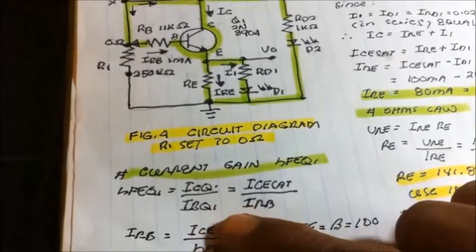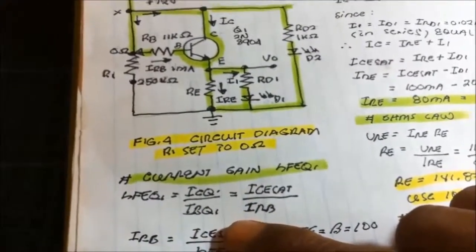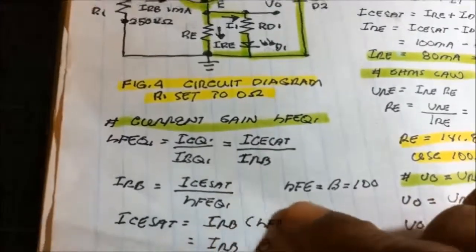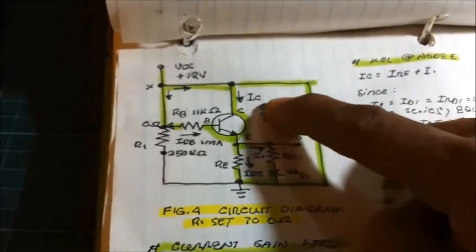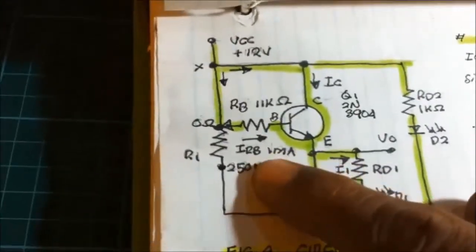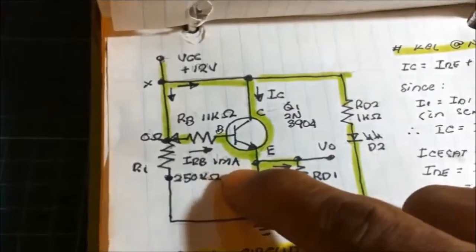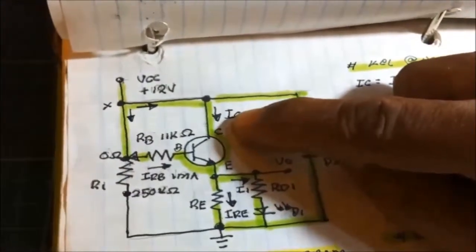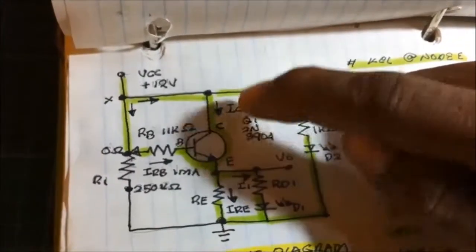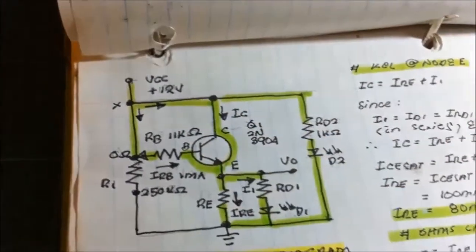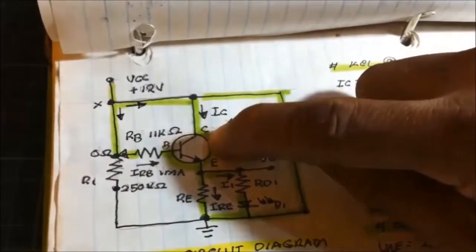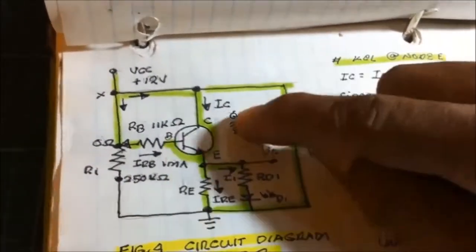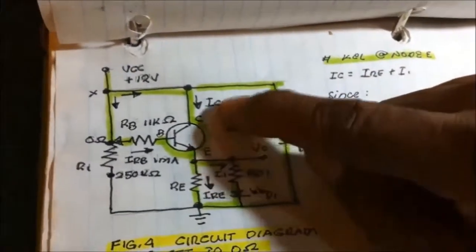Okay, let us now see this. This is now the explanation. Where did we get that? This VCE at saturation. Since we are setting the base current to 1 milliampere, using the current gain formula, IC over IB, IC, the collector current, is equal to the collector-emitter saturation current of this transistor, since we're using the transistor as a switch in saturation mode.